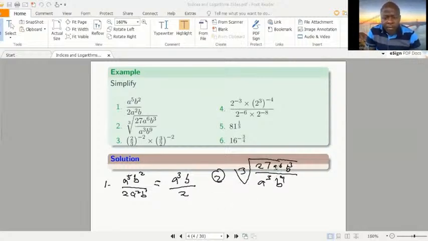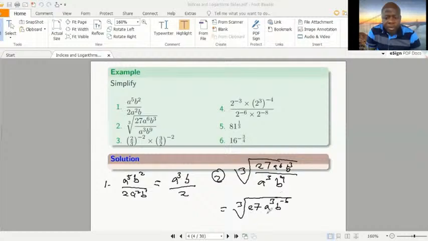And so I have a raised to 6 in the numerator and I have a raised to 3 in the denominator. So this is the same as the cube root of 27. I just want to simplify first of all. A raised to 6 minus 3 would be a raised to 3. B raised to 3 minus 9 would be b raised to negative 6.